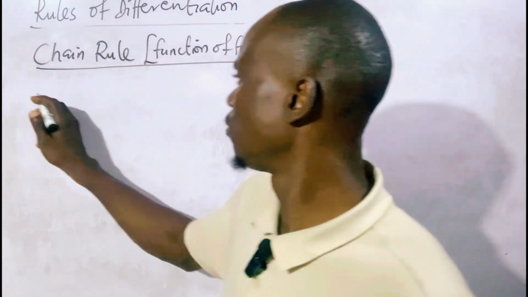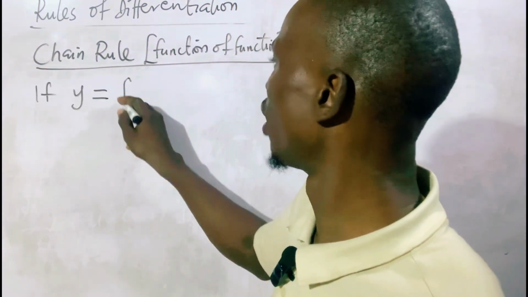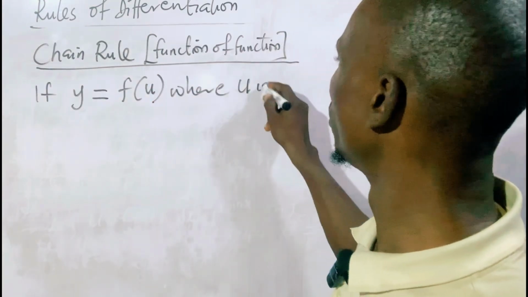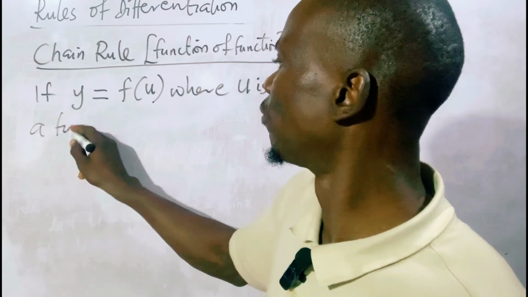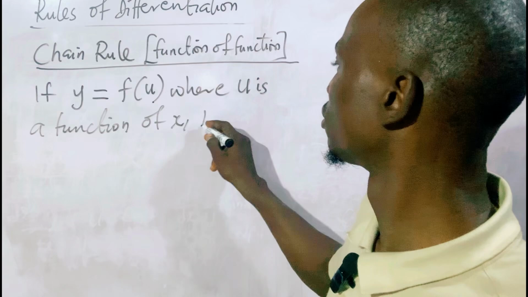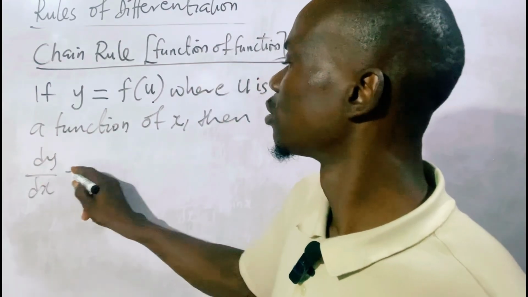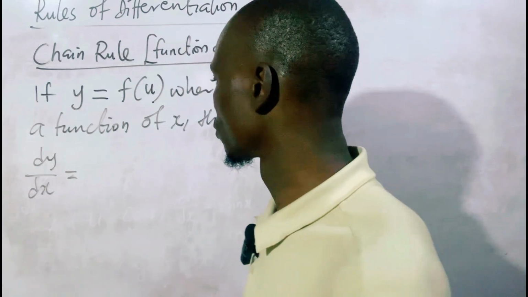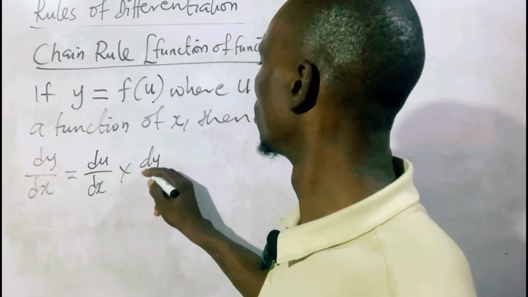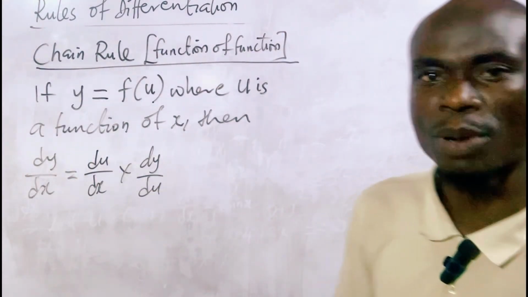It says that if y is equal to f of u, where u is a function of x, then dy over dx will be equal to du dx times dy du.